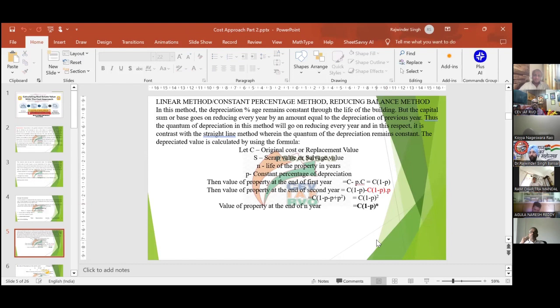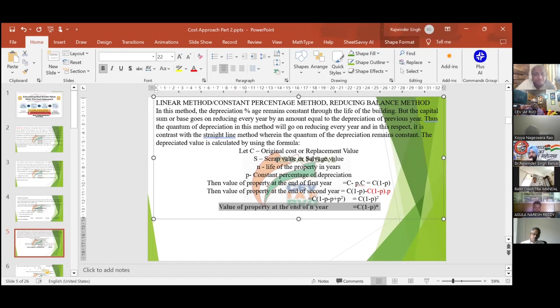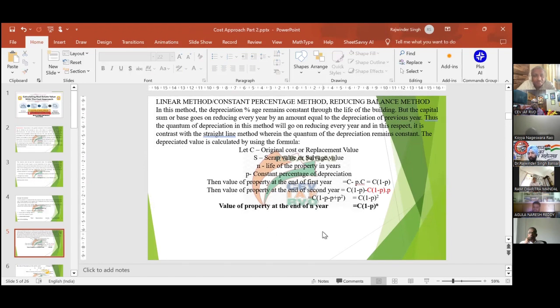Okay. Now see, this is the value of the property at the end of n years. What should this be equal to? After its life comes to an end, if its physical life comes to an end, what will you get? Scrap. So this value should be equal to the scrap value or salvage value.